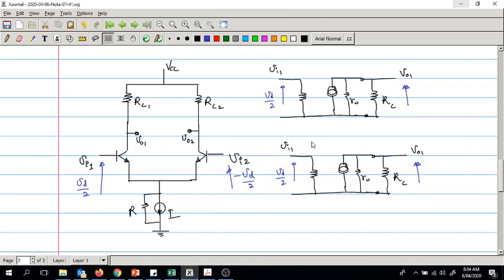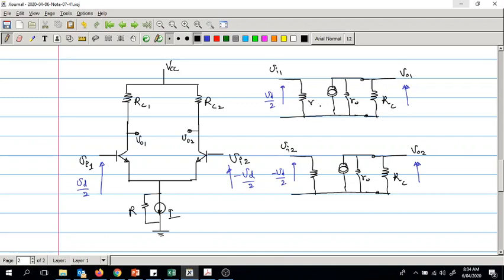Now the other input, as you can see in this diagram, will be minus Vd by 2, and this is Vi2, and this is also Vout2, right? But the values are the same.